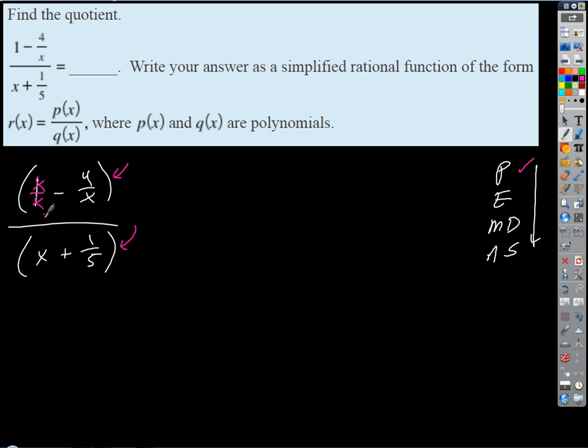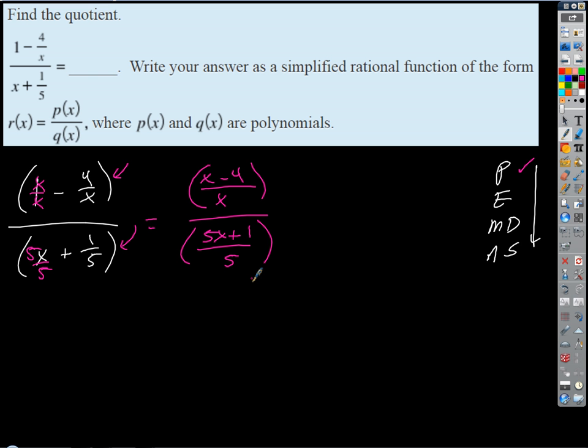In the bottom, what do I need to multiply by? 5. Right? And so we end up with, on the top, x minus 4 over my common denominator of x, agreed? Divided by, on the bottom, 5x plus 1 over my common denominator of 5.